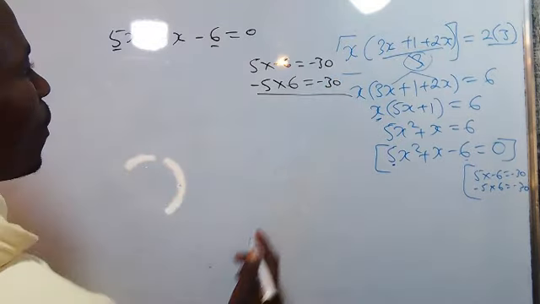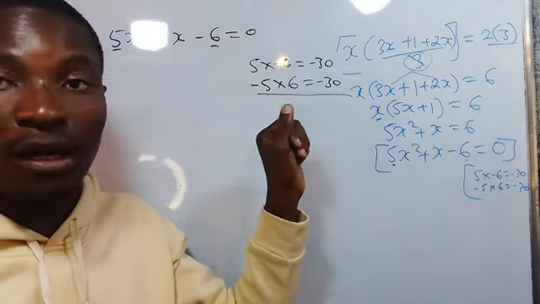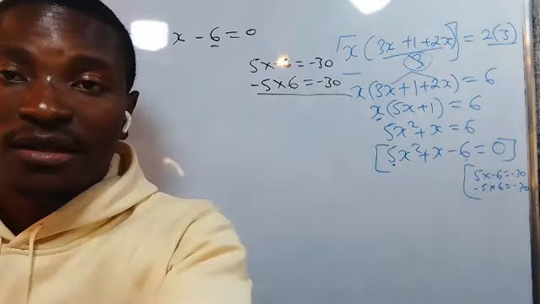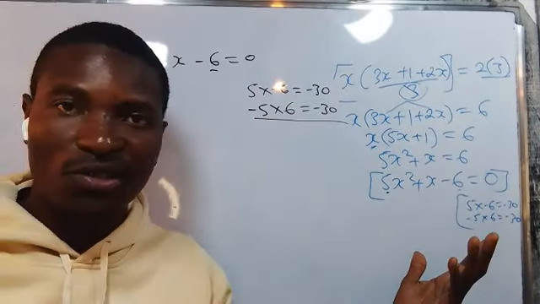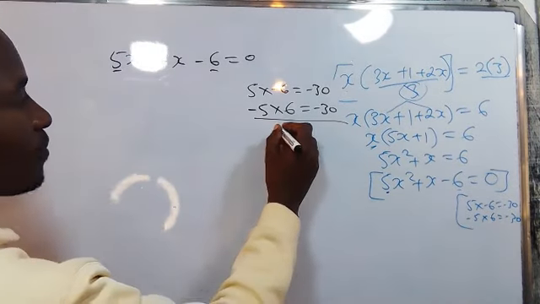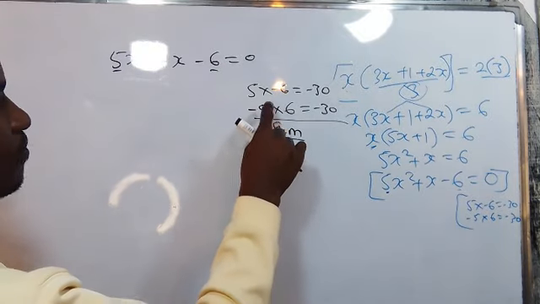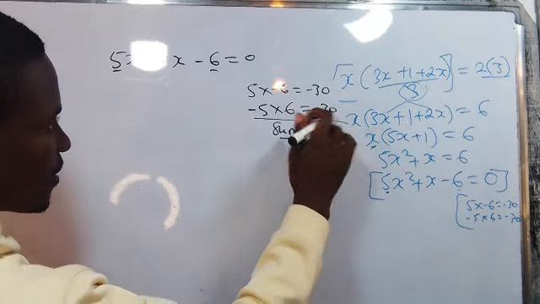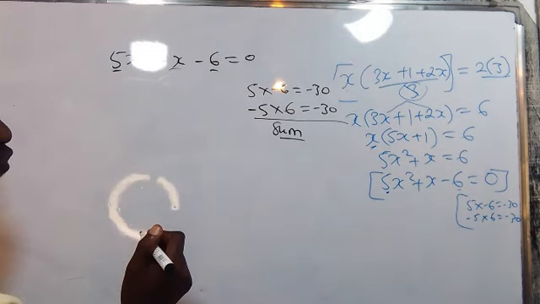So these are the two numbers that can possibly give us 30. Of course, you can think of other numbers, but when we add them, they must give us positive 1. If I add 5 plus negative 6, it's going to give me negative 1, but I want positive 1.